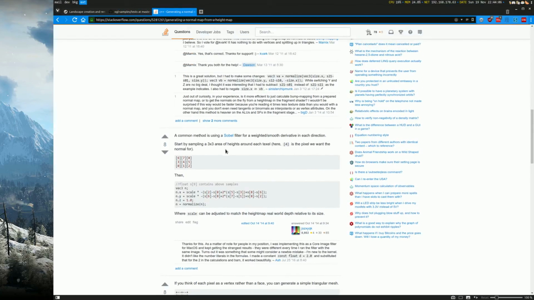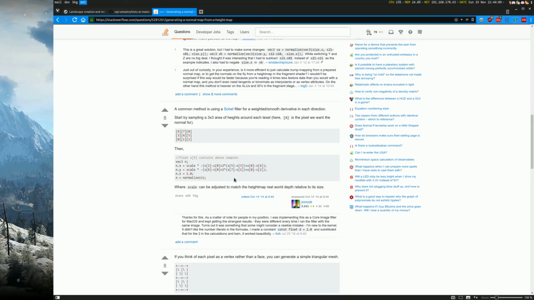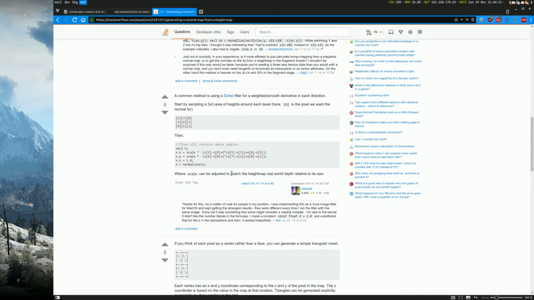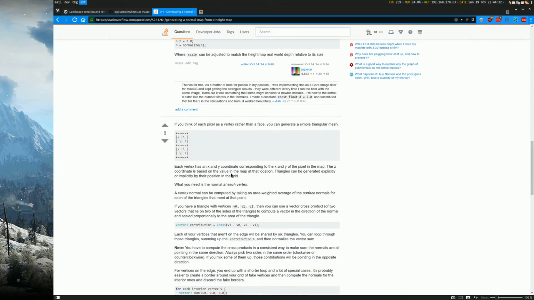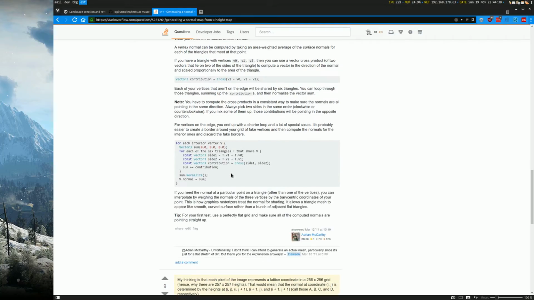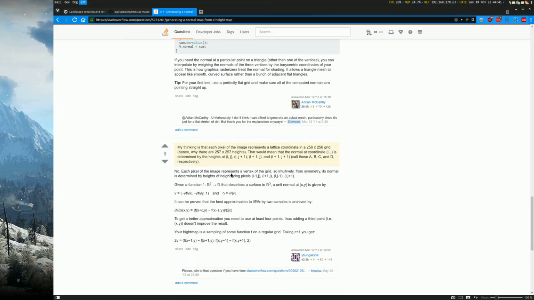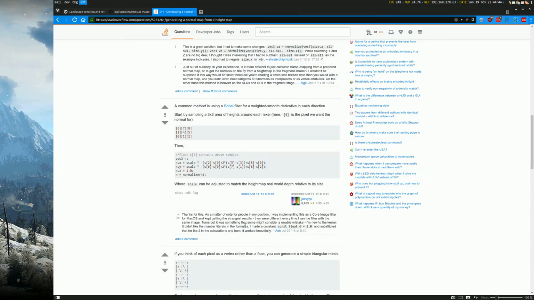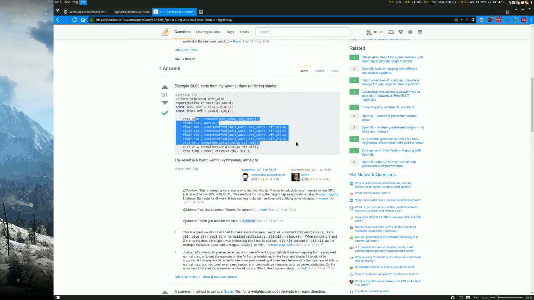Another solution. A lot of texture lookups though.